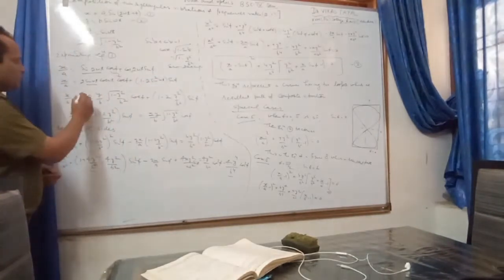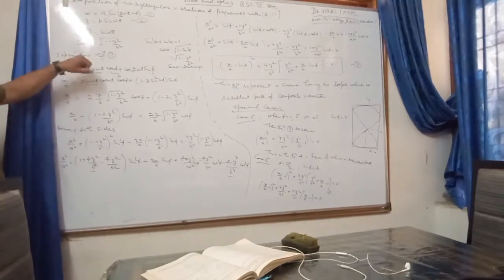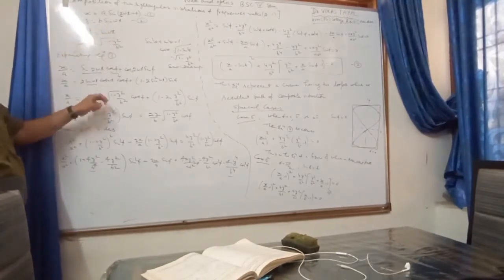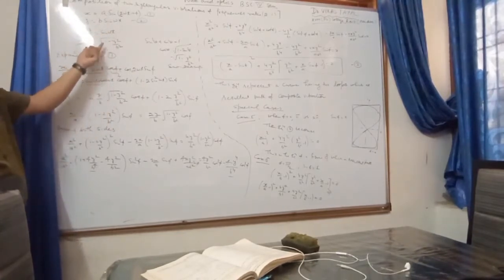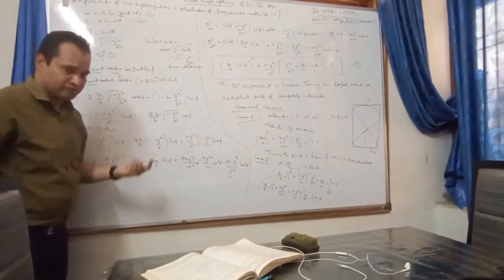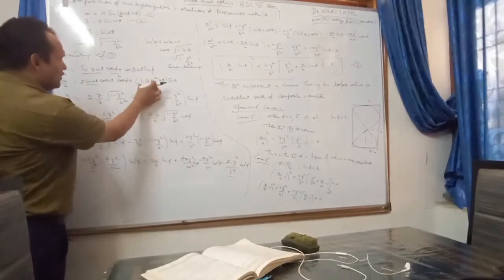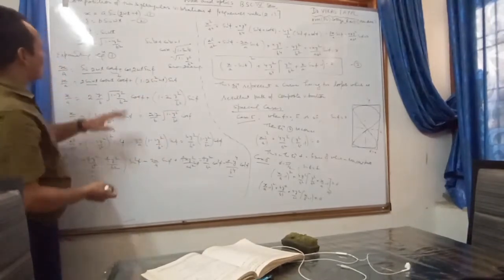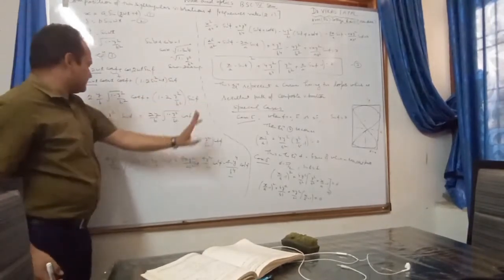Substituting the values of sin omega t, that means y upon b, cos omega t, substitute this value under root of 1 minus y square upon b square, cos phi is as it is, plus 1 minus 2 sin square omega t, again y square upon b square, sin phi.